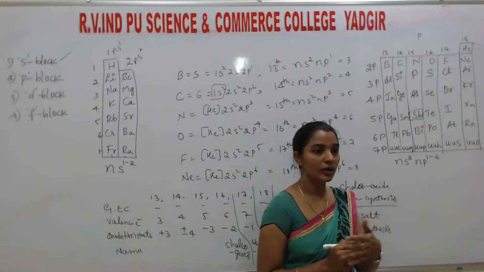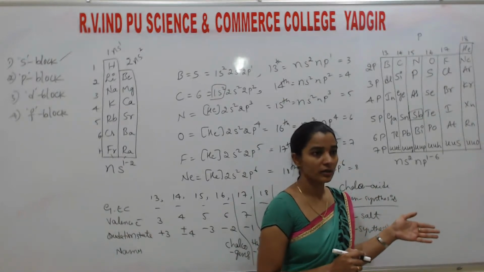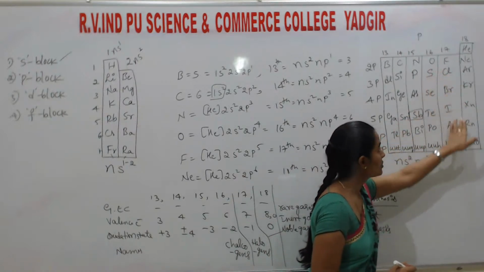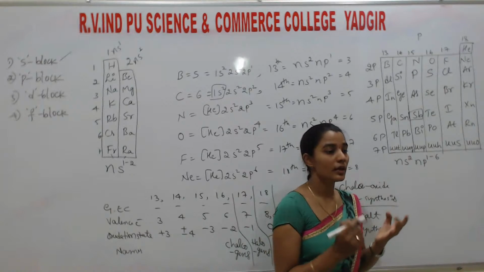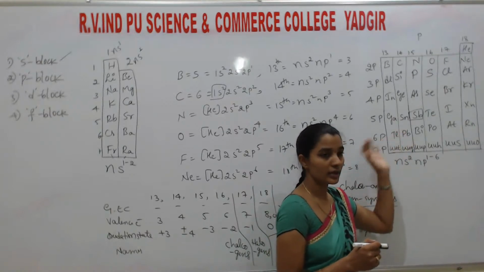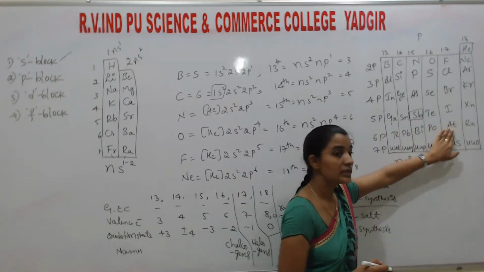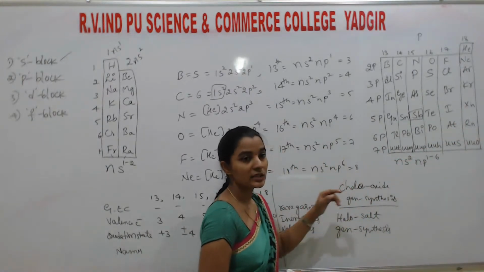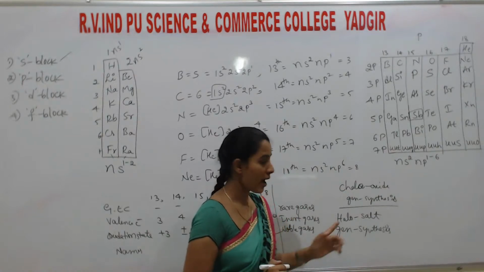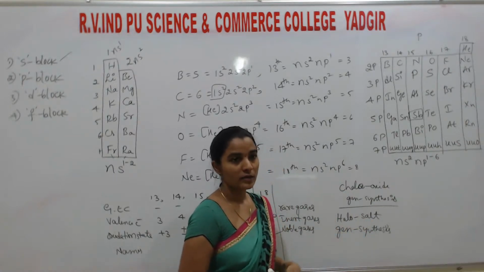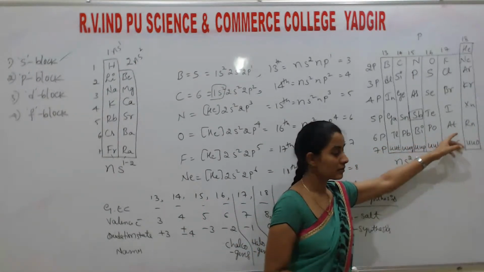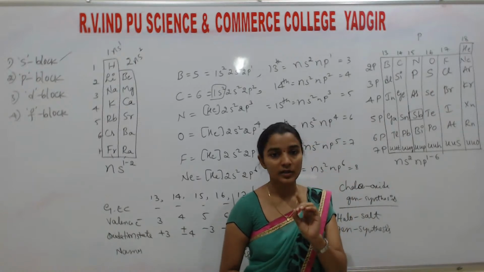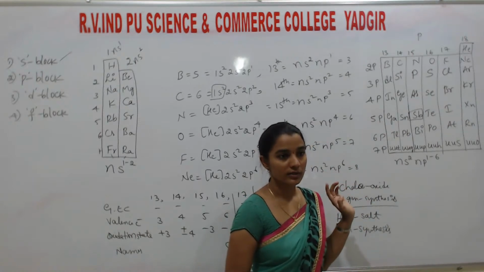Iodine salt, chloride salt, normal salt, rock salt, table salt. Everything consists of these halogens as the anions, like fluorine, Cl, Br, iodine. So these elements form a salt with metals. These elements react with metals to form respective salts. That's why they are called halogens.